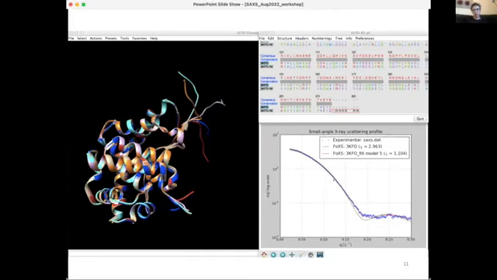Okay, so you can use FoXS on the web server. You can use it in Chimera, and I guess we should ask ChimeraX to add it. You can also use it as part of the IMP package.